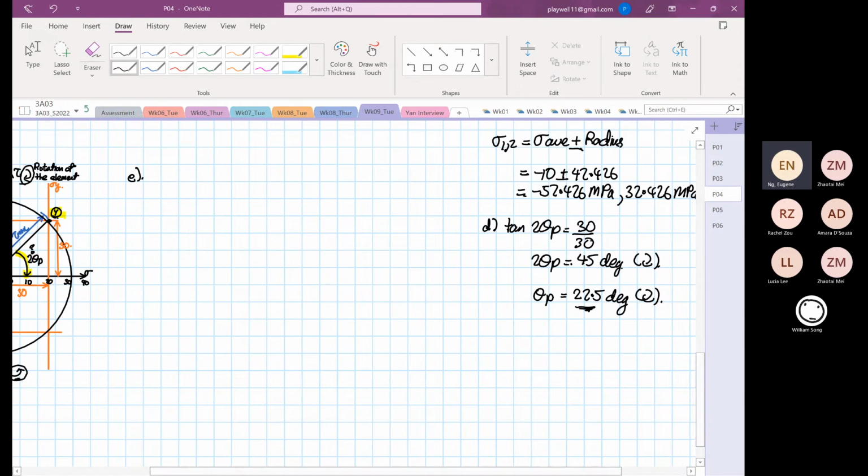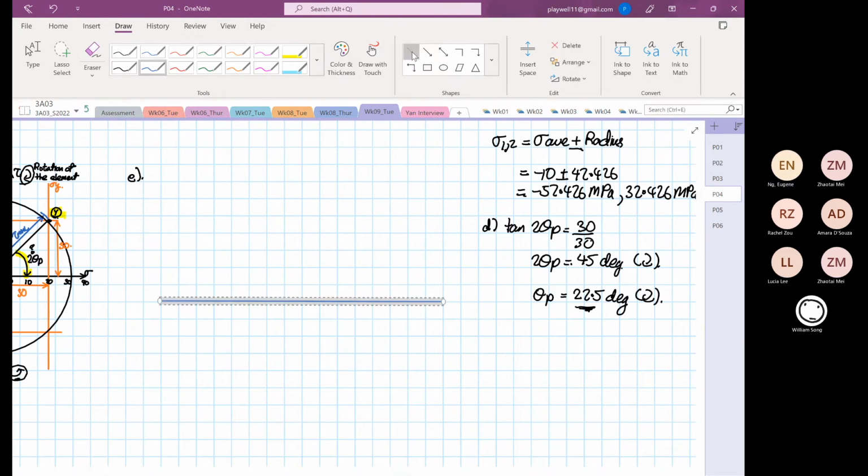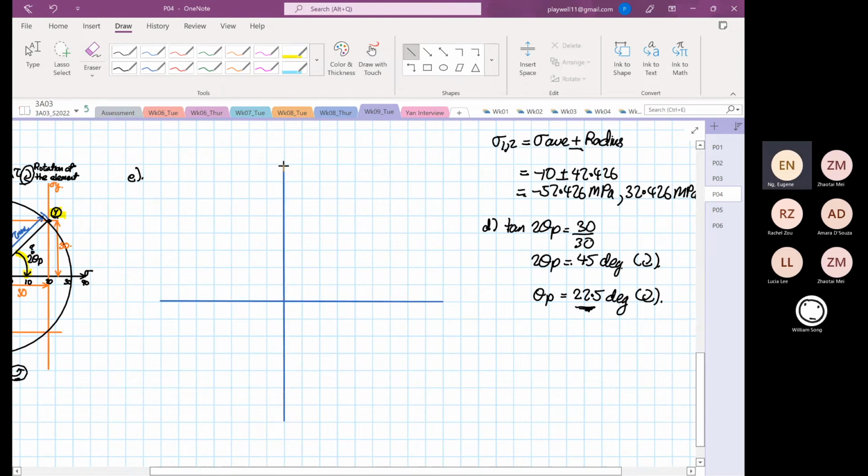Okay. So now we are going to construct the axis. The original axis. So this is your x-axis. And then this is your y-axis.